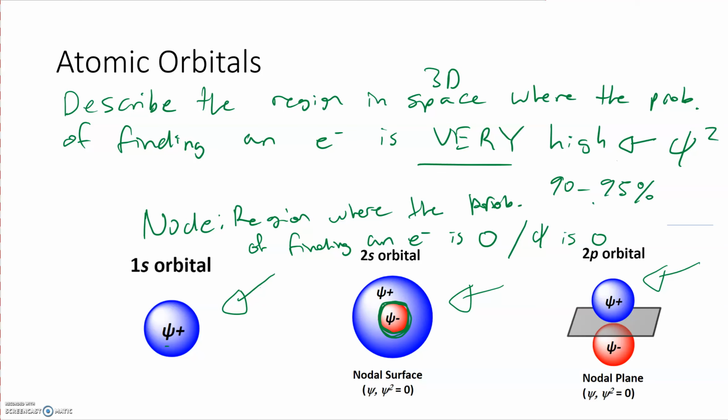So at a node, the wave function is 0, and the probability of finding an electron is also 0. So nodes can be circular like this, which we call a nodal surface, and the nodes can also be planar like this, which we call a nodal plane. So in these regions, we'll never find an electron. And these regions are always where two different phases meet, so the boundary between the two phases.